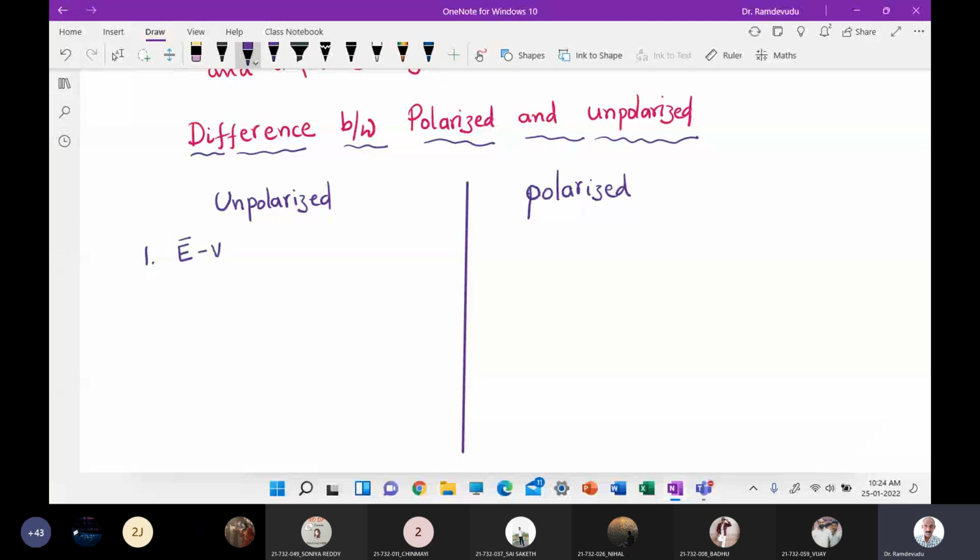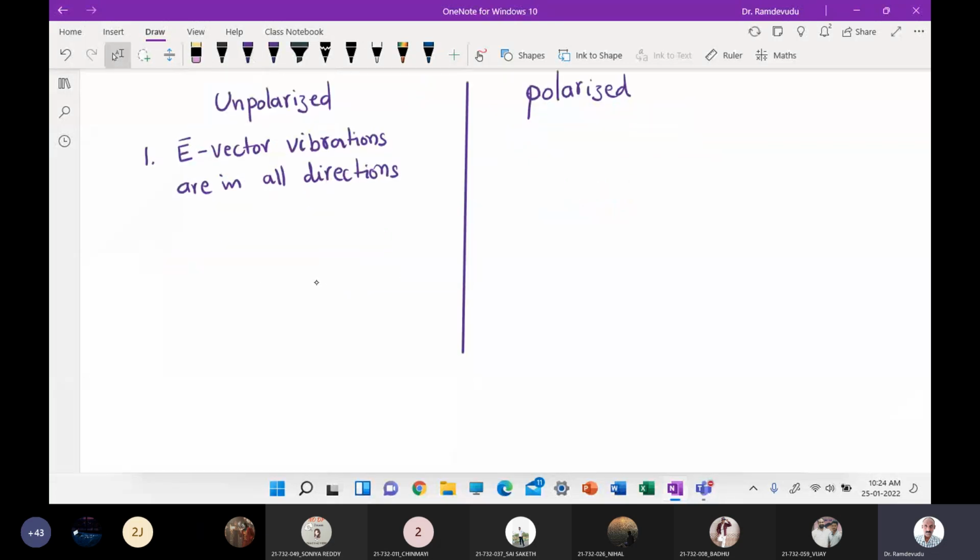The first important point for unpolarized light is that it will have E vector vibrations in all directions. But remember that E vector vibrations are perpendicular to the direction of propagation Z, and also perpendicular to B, whether it is unpolarized or polarized light, because light is a transverse wave.